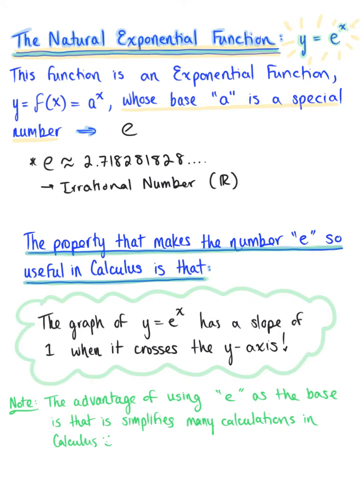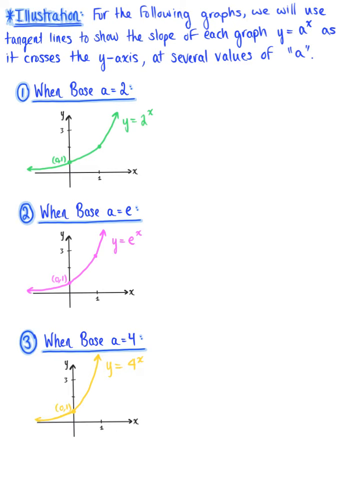Now, to better understand this property, let's compare the graph of the natural exponential function to the graph of two of the common exponential functions that we just looked at, and use a tangent line at the point 0, 1 to see the slope. So for the following graphs, we are going to use tangent lines to show the slope of each graph of the exponential function y equals a to the x as it crosses the y-axis.